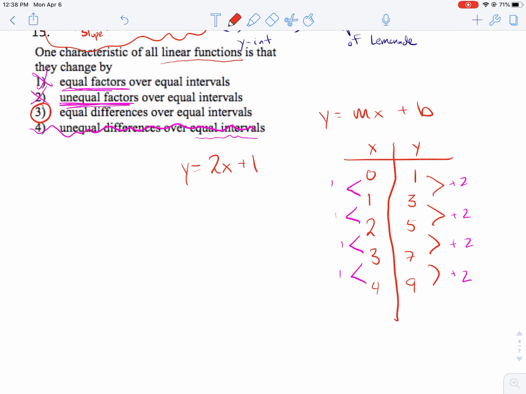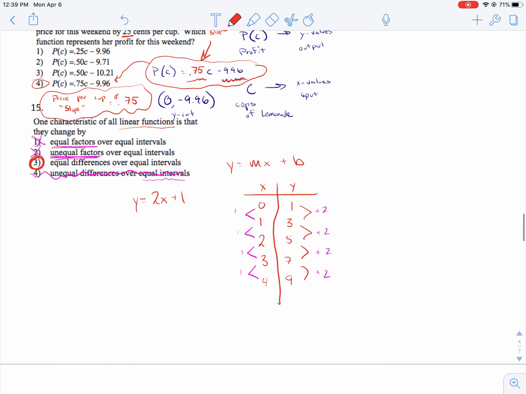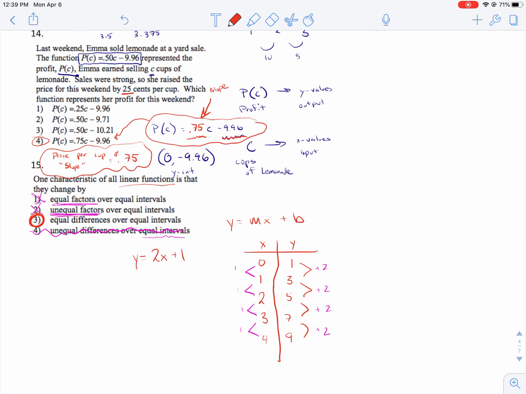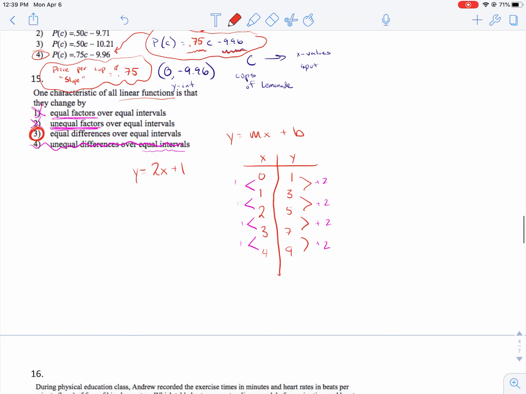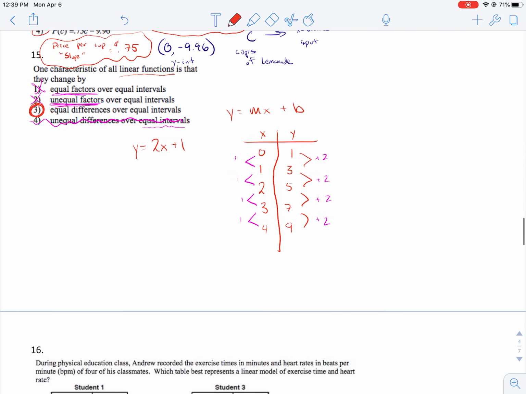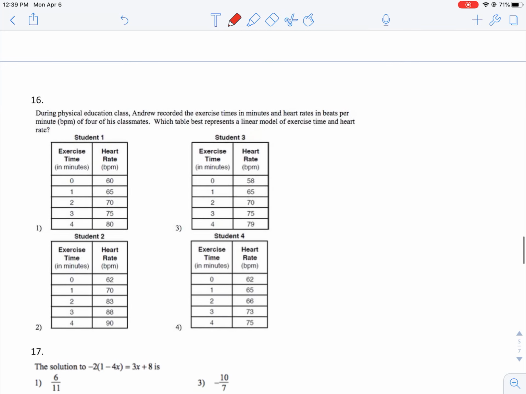As you can see, the difference between 1 and 3 is 2, 3 and 5 is 2, 5 and 7 is 2. We're increasing by the same amount, so we don't want unequal differences. So our answer is number 3: equal differences over equal intervals. So that is number 15.